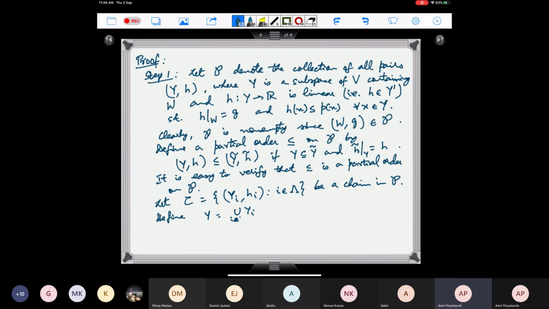So we are simply taking the union of all these subspaces Y_i, and let h from Y to R be defined by h of x is equal to h_i of x if x belongs to Y_i. Because I am taking the union of Y_i, I have to define it for every x belonging to Y. So if x belongs to Y, then x belongs to Y_i for some i, and then we have h_i which is defined on that Y_i.